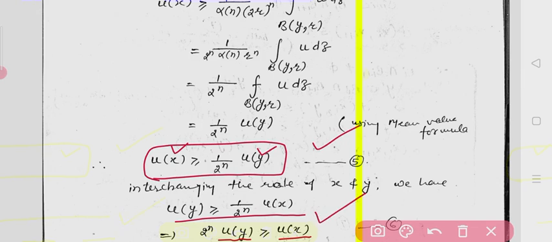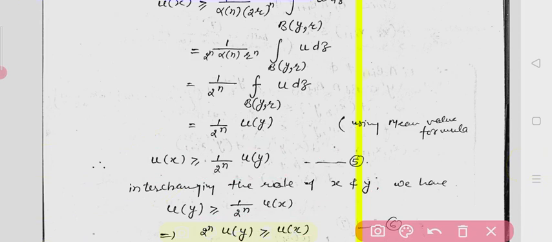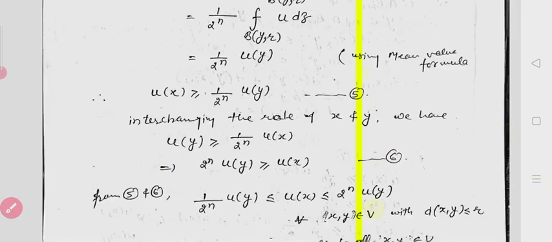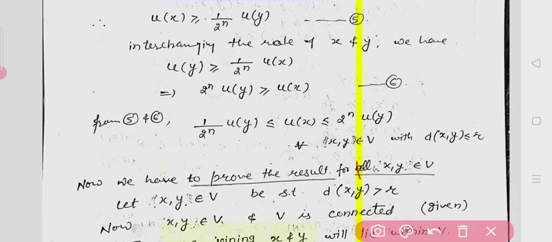We will say that u(x) is always greater than or equal to 1 by 2^n into u(y) and less than or equal to 2^n into u(y). Collecting these two inequalities, 5 and 6, we will get this one like this: u(x) is greater than or equal to this and less than or equal to this one for all x, y in V such that the distance between them is less than or equal to r.